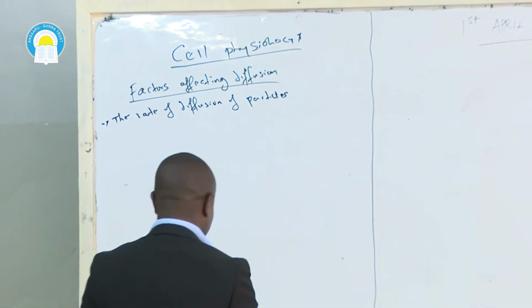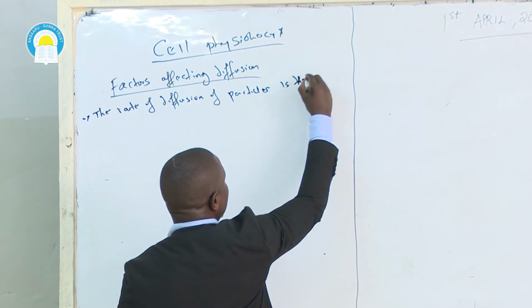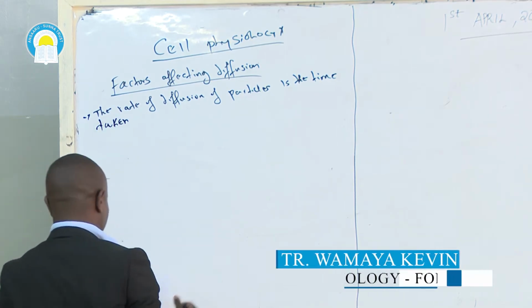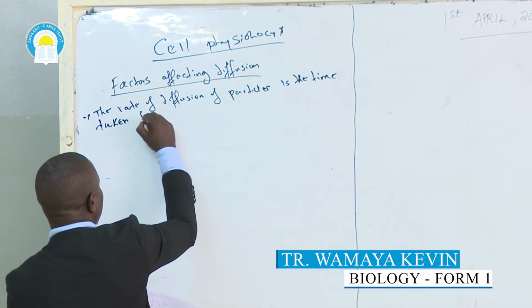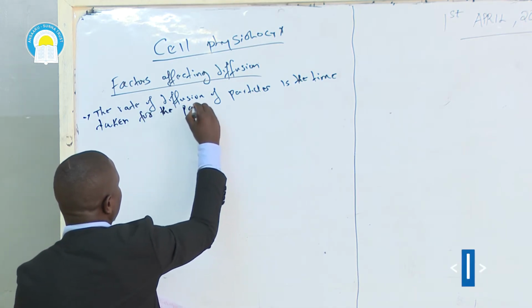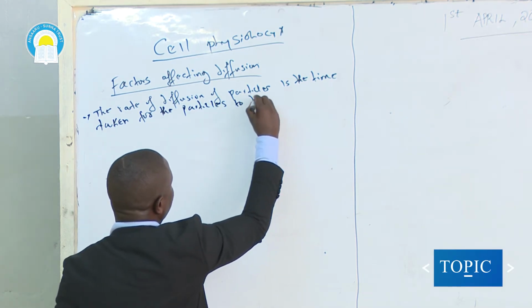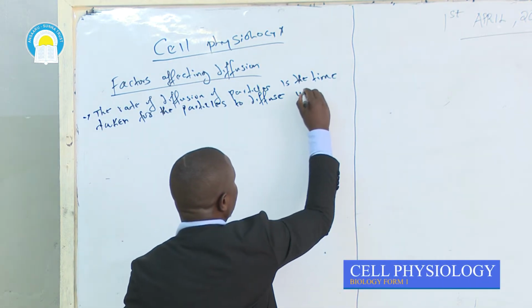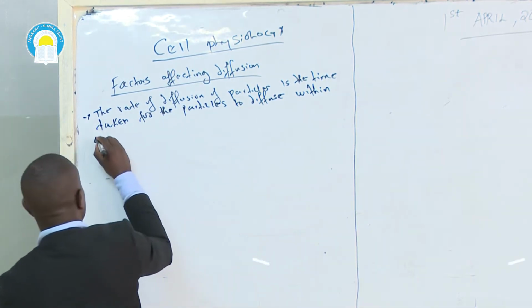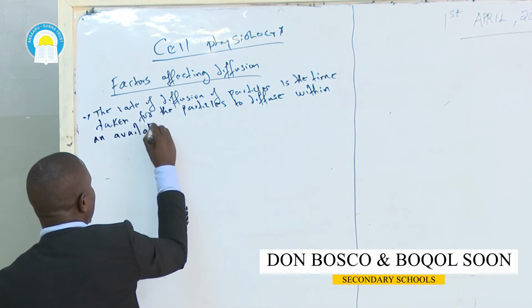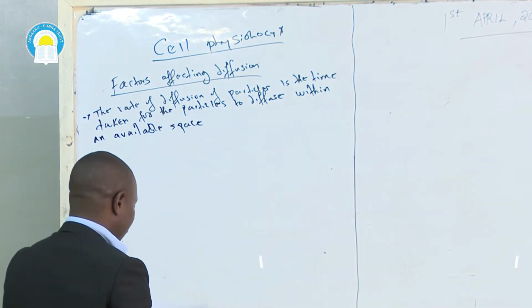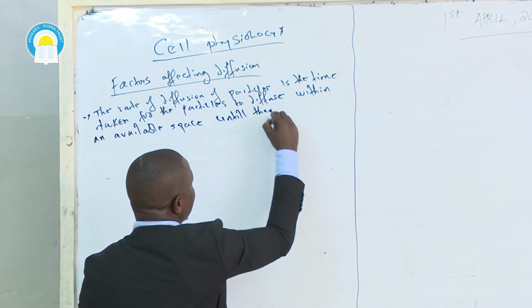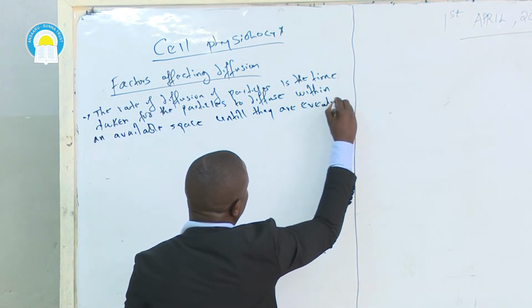The rate of diffusion of particles is the time taken for the particles to diffuse within an available space until they are evenly distributed.